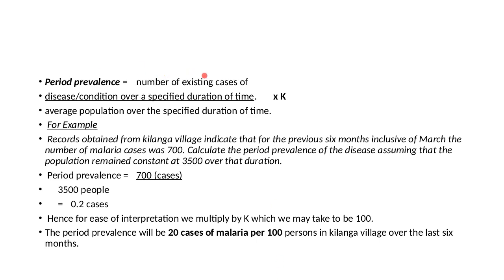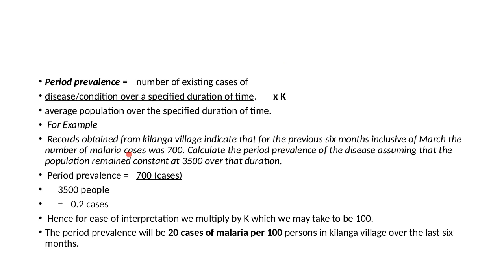When it comes to period prevalence, it is the number of existing cases of a disease or condition over a specified duration of time multiplied by K. And of course, you'll have to divide by the average population over the specified duration of time.